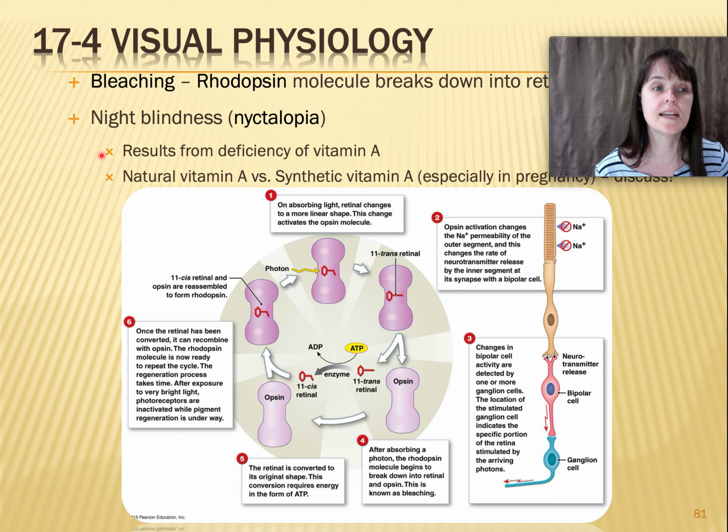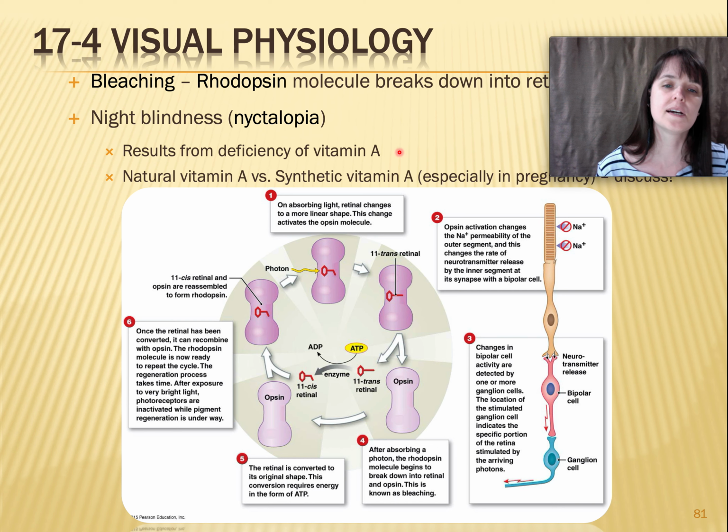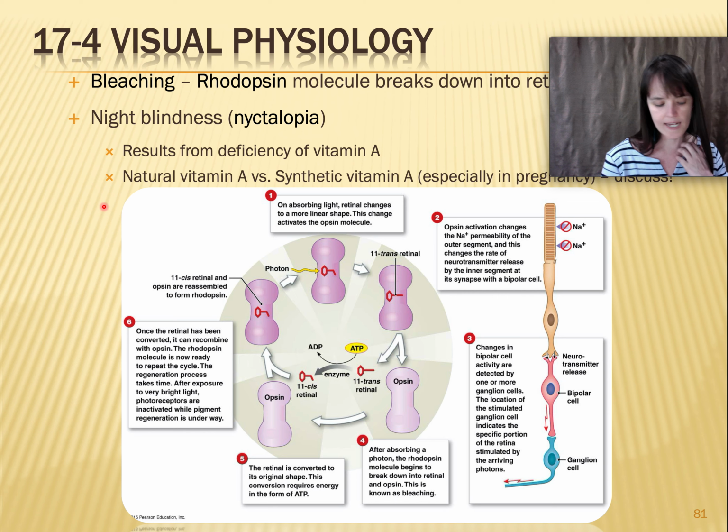But especially in night blindness, where it's dark and then you see headlights and it takes a second before you can see again, that's because of nyctalopia, not quite enough vitamin A to remake those visual pigments quickly. There is a difference between natural vitamin A and synthetic vitamin A, especially in pregnancy.